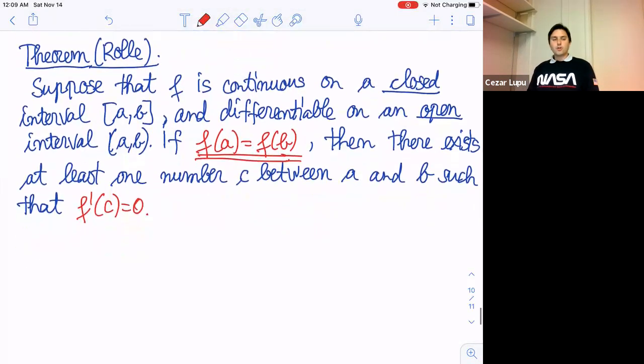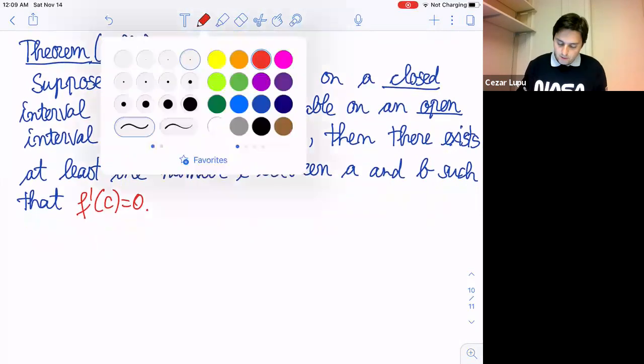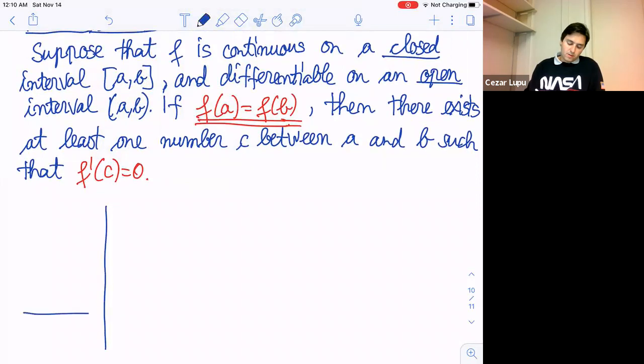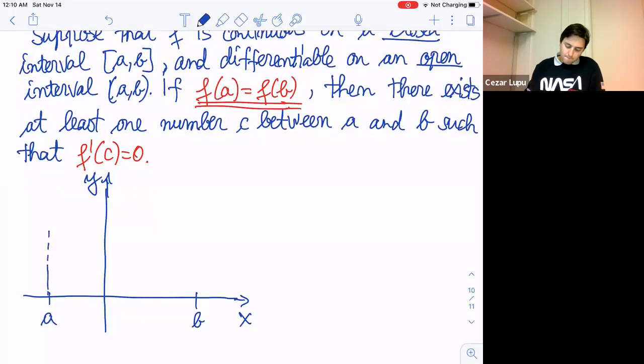And let me show you a picture of this. Let me just draw some things to see how this works. Let's just say we have here A and we have here B. Right.